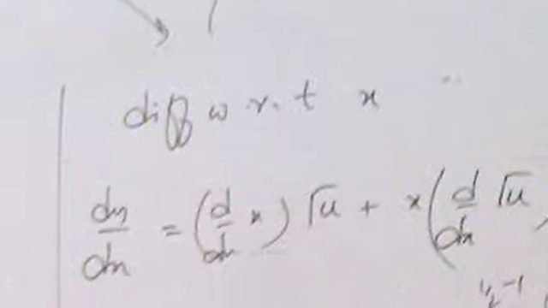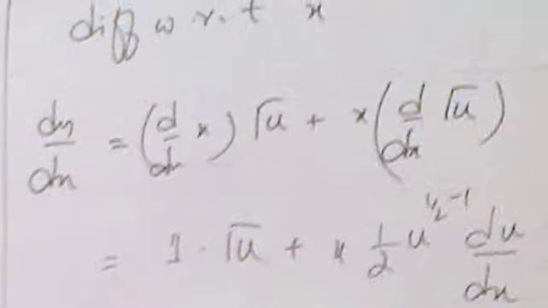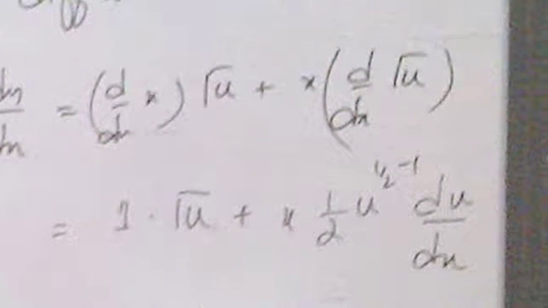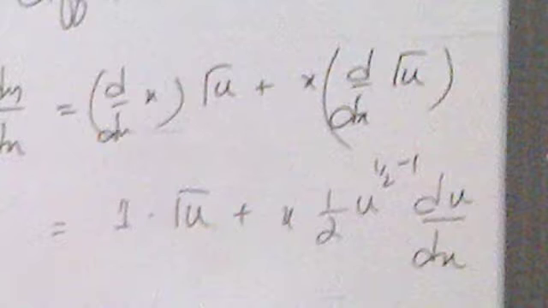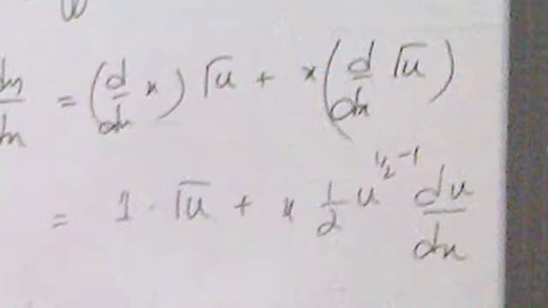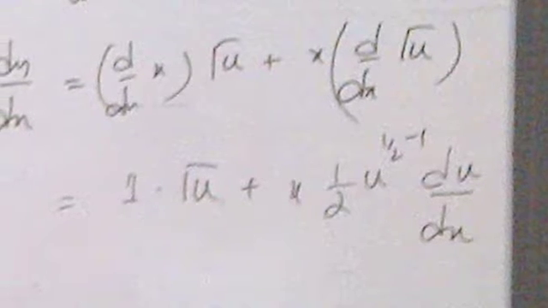Now here we differentiate with respect to x. A is x and b is square root u. We put these values. The derivative of x is 1 and the derivative of square root u is 1 over 2 u to the power 1 over 2 minus 1, and then the derivative of the base, because we differentiate with respect to x, it becomes du by dx.